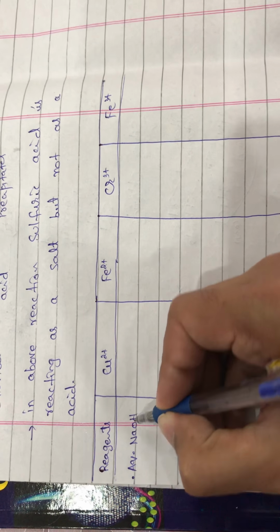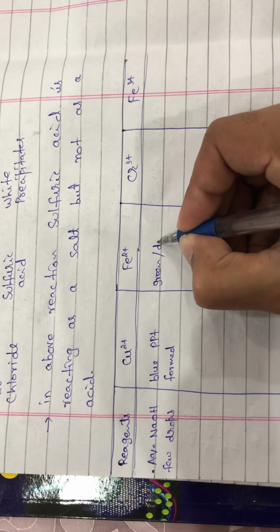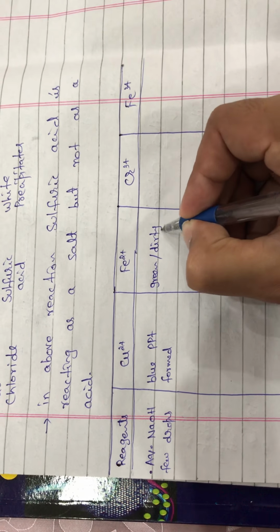I repeat, aqueous sodium hydroxide, few drops. We are adding a few drops of aqueous sodium hydroxide, and for the copper 2 ions, blue precipitate will be produced. Blue precipitate formed. In case of iron 2, you may write dirty green precipitate.